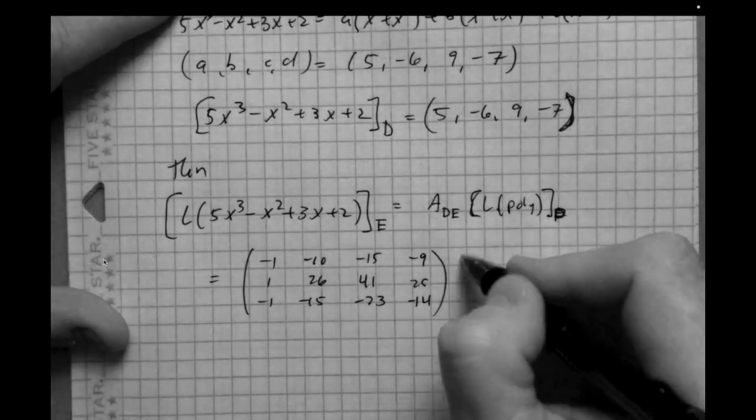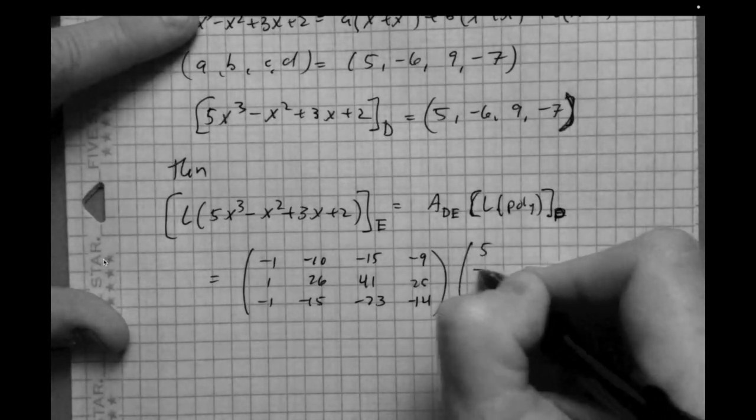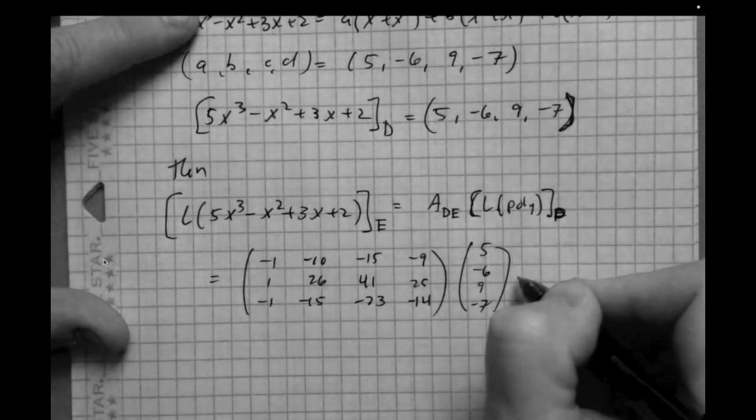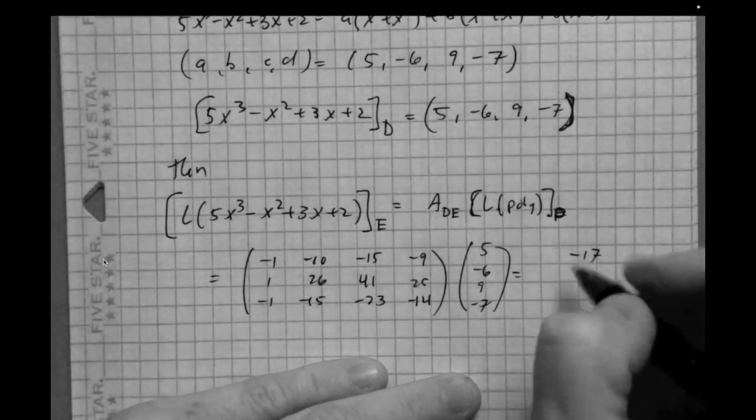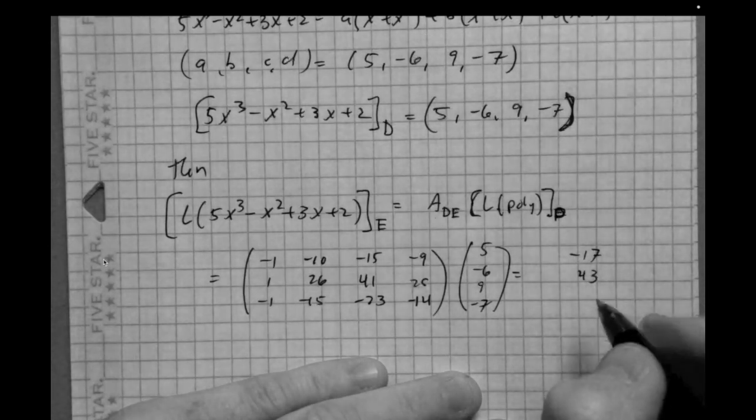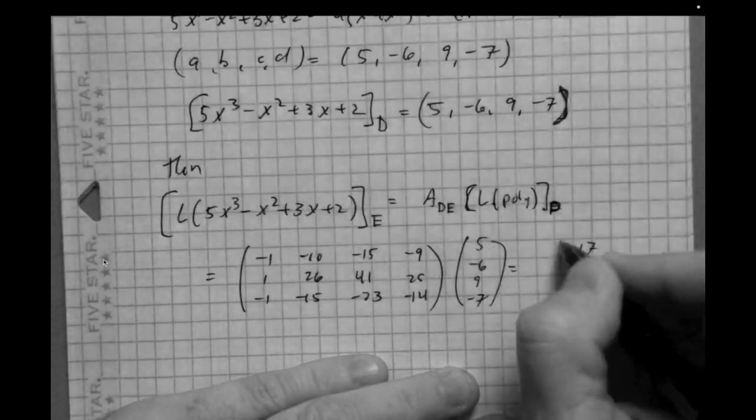And then multiply that by (5, -6, 9, -7). When you do that, you should get (-17, 43, -24).